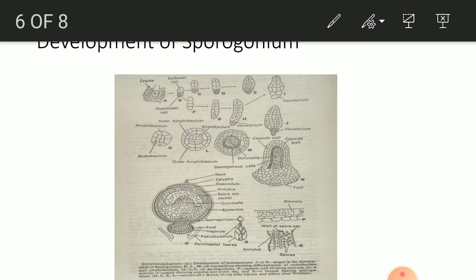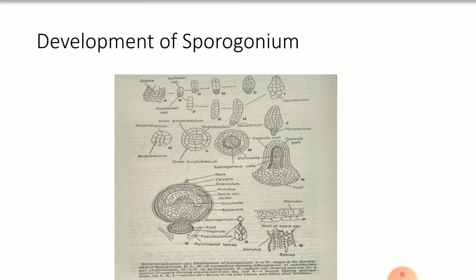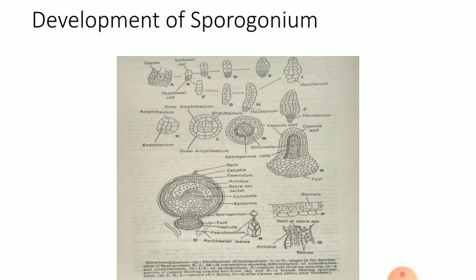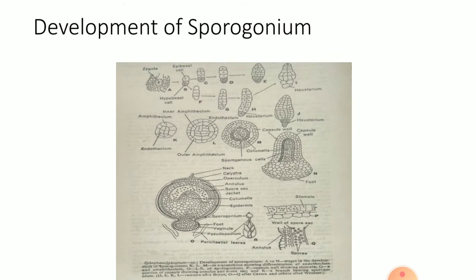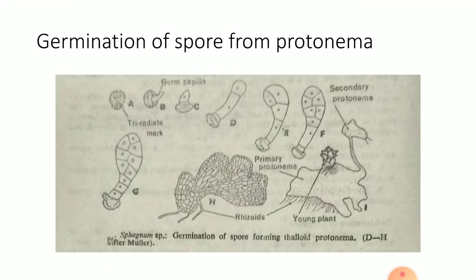So once the spores get dispersed out, they come out in a powdery mass, and once they come out, the spores germinate. Now, how does the germination of spores take place? The spores germinate to form the protonema.